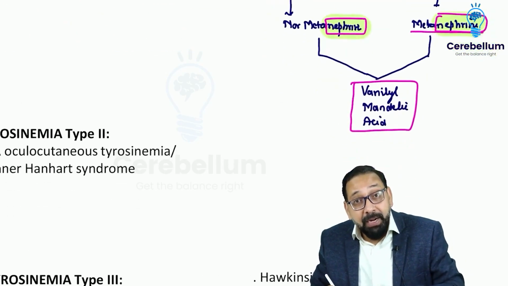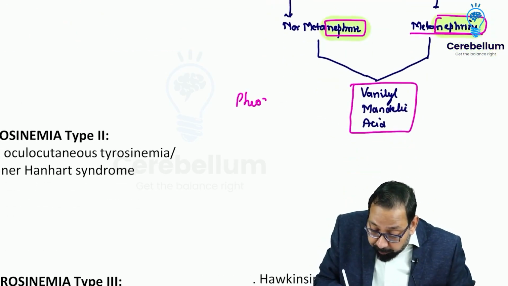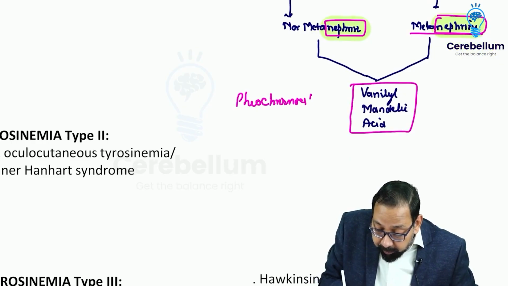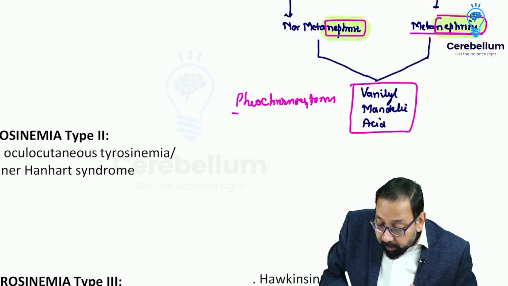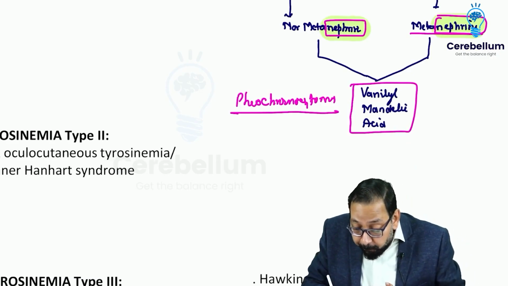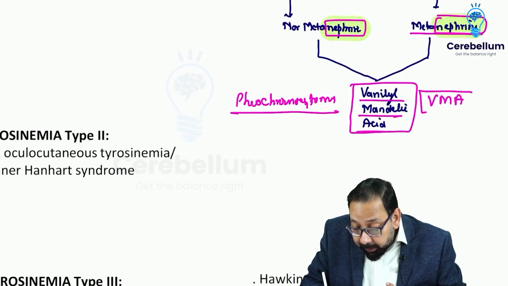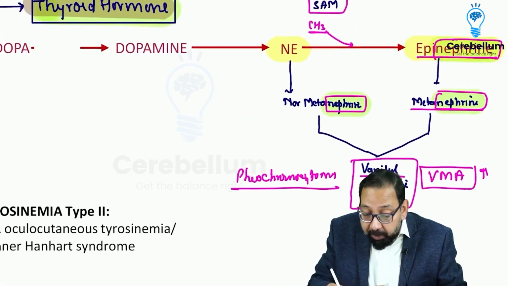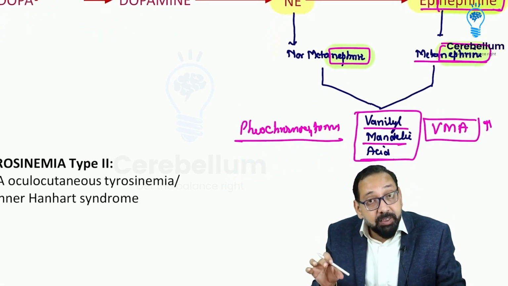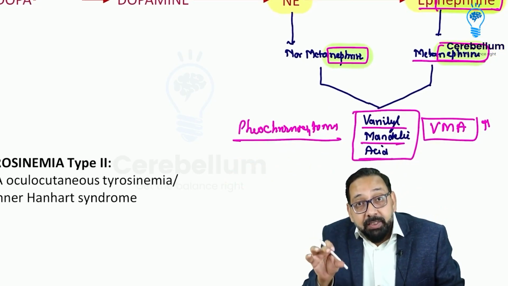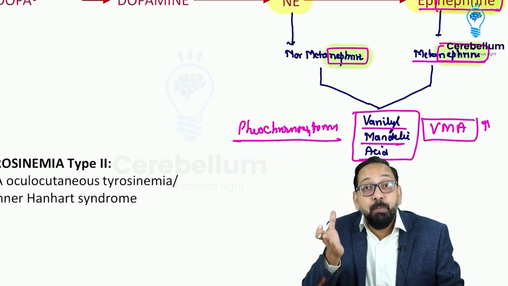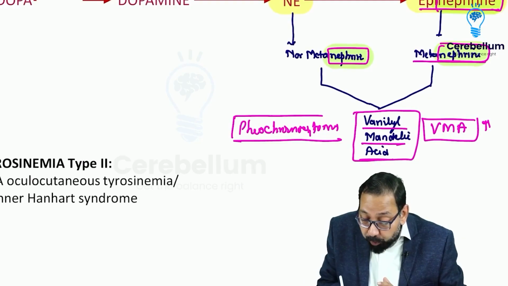And we found that in pheochromocytoma, this vanillyl mandelic acid, VMA, is increased because more and more catecholamine synthesis occurs, and that's why there is increased VMA. VMA spot test is done for pheochromocytoma.